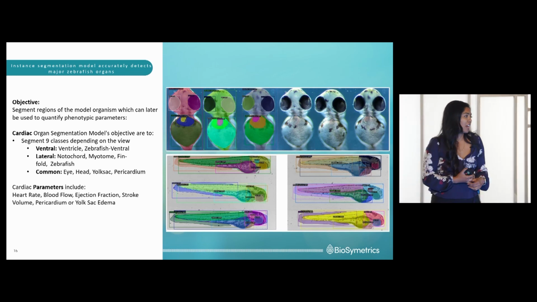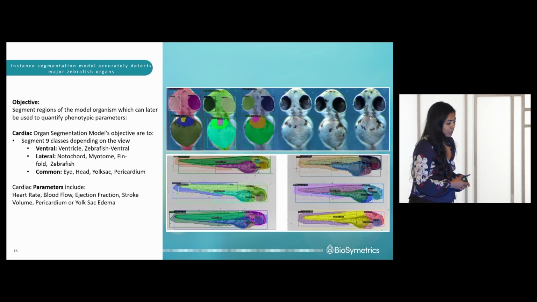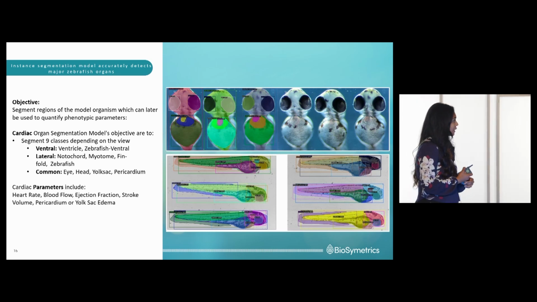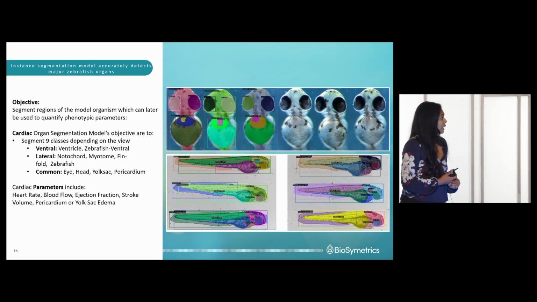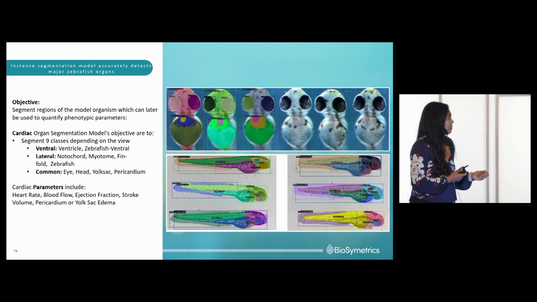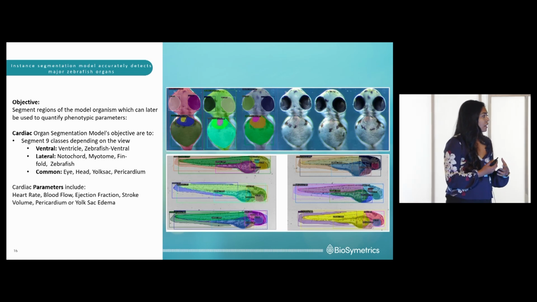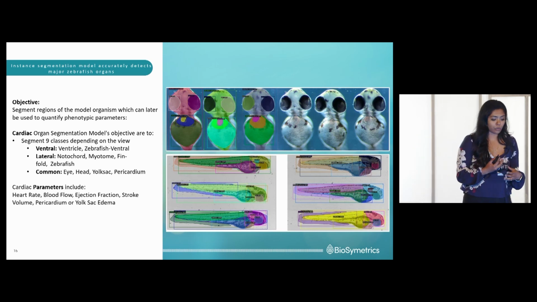So the overall objective of our instance segmentation model was to segment regions of the model organism which can be later used to quantify phenotypic parameters. So cardiac organ segmentation was based, for this specific model, we were looking at the cardiac phenotypes, and for that there was about 7 to 9 organs that we were interested in between the two different orientations.